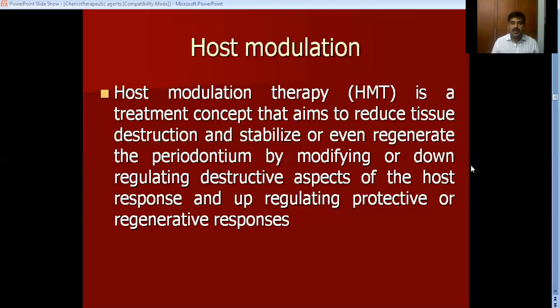And this is known as bystander damage. So the host is trying to control the bacteria, but at the same time, because of the different mediators produced by the host, they produce a lot of host tissue damage also.